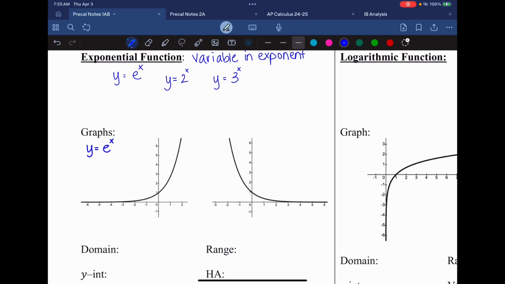This one is also referred to as exponential growth in applications because it is doing just that. It is growing.